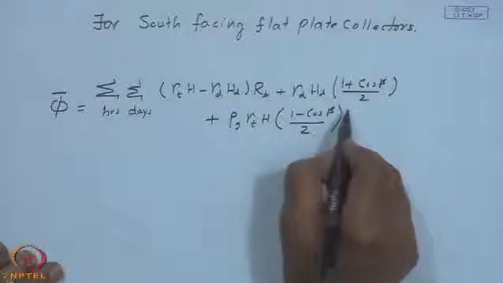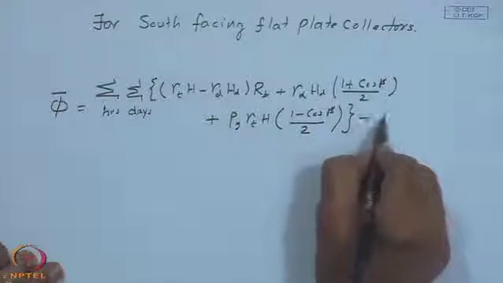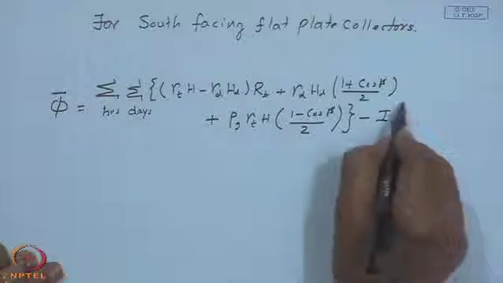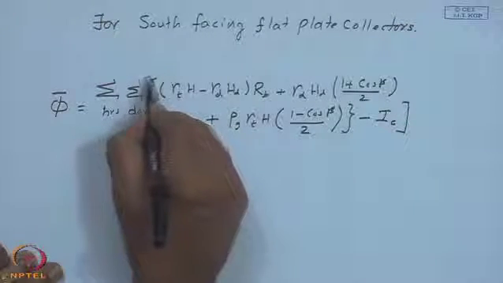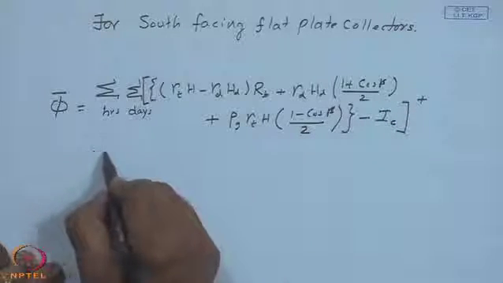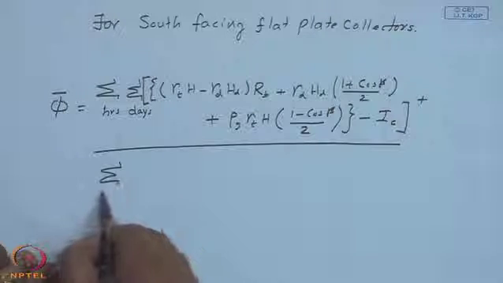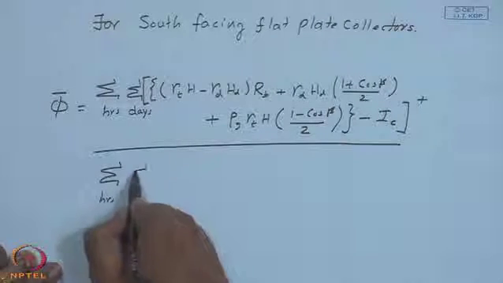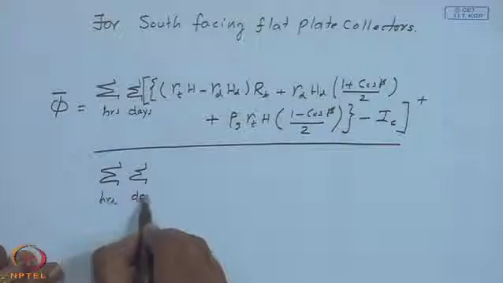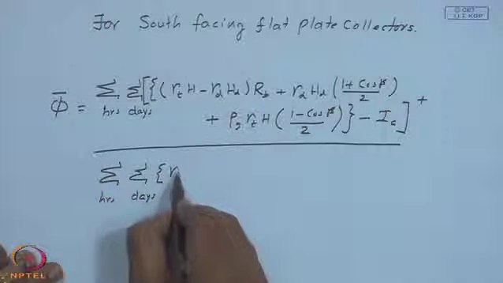Then we have curly brackets minus critical level I C, then the square bracket with the superscript plus, upon sum over hours. I shall explain each term, then it becomes very easy for you to remember the basis on which we have written this.